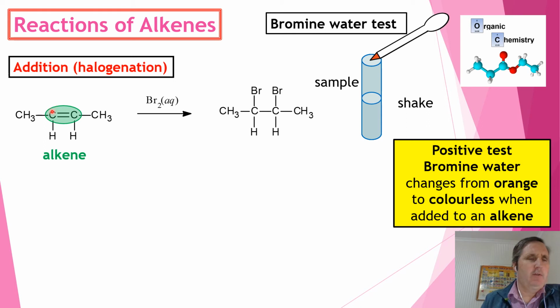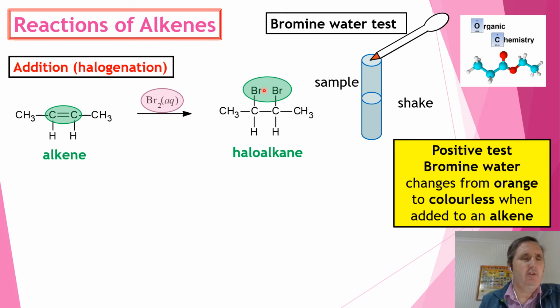We break the bond here, and here is where we form the new bonds, and we add these new substituents, the bromine ones. Now, you don't have to use bromine, Br2, you could use HBr, and in that case you would add an H and a Br, or instead of bromine you could use chlorine, fluorine, iodine. Okay, so this is going from an alkene to a haloalkane, halogenation.